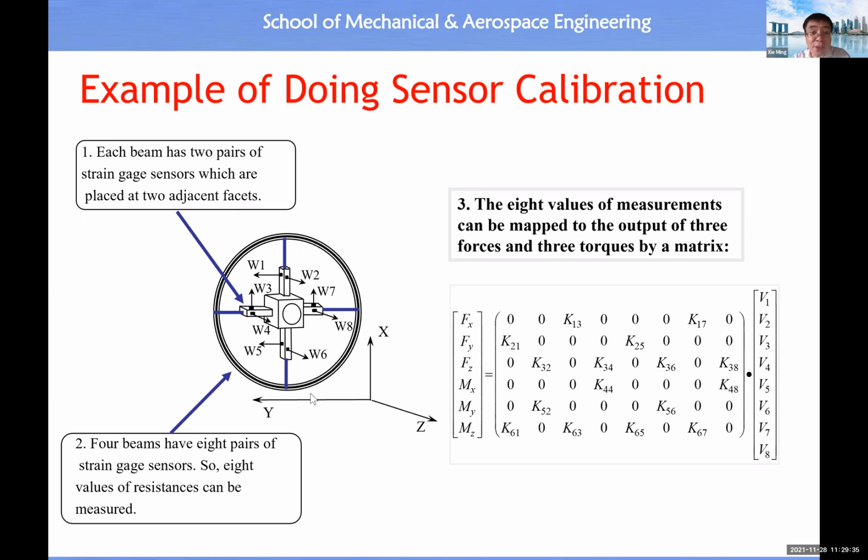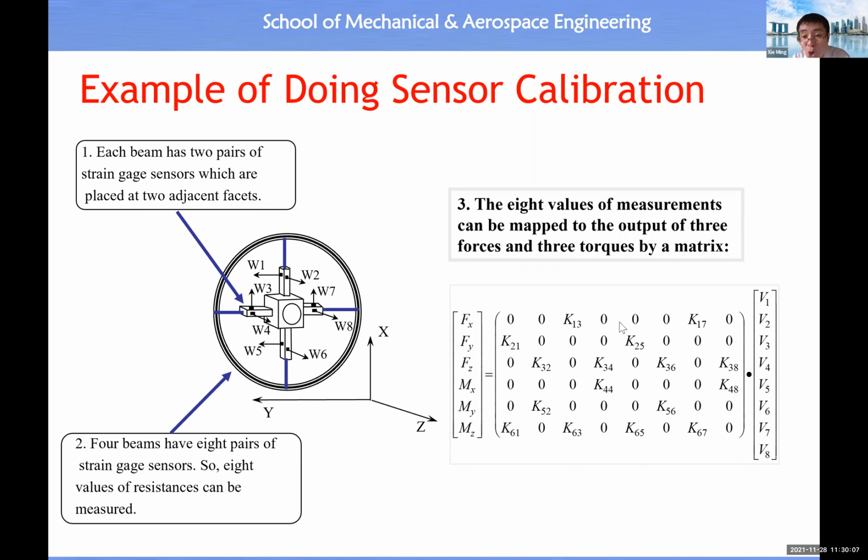Okay, if we follow this design example in which the inner body is connected to the outer body by 4 pins, and each pin has 1 pair of strain gauge, therefore we will have 8 readings from the 8 strain gauges. Then we can use this matrix to map the sensor reading to the true value of the force vector and the torque vector.